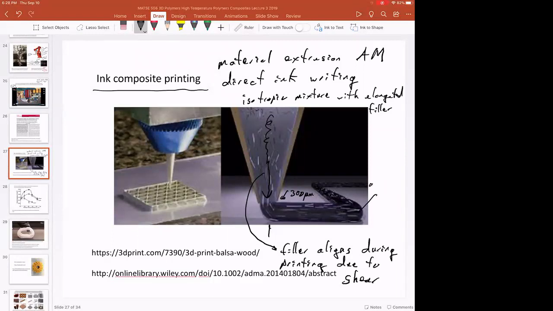So now we have aligned filler in the rod. And as this filler is mechanically stressed, as this filler in this paper is going to swell, you see different effects because of that alignment.